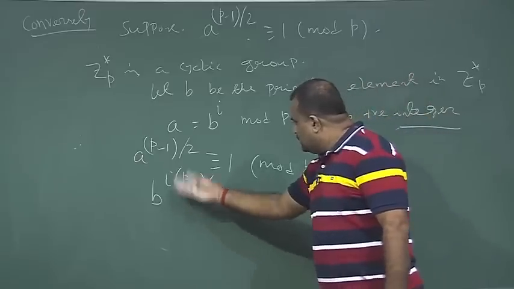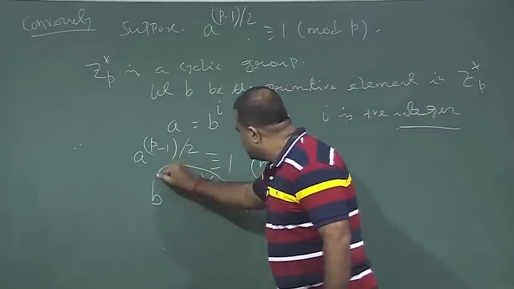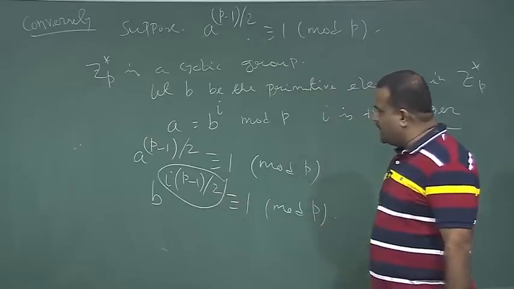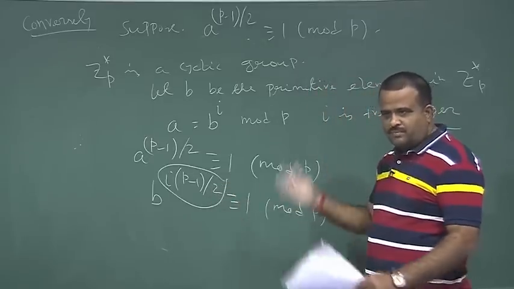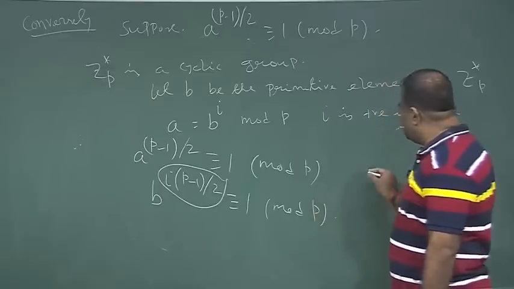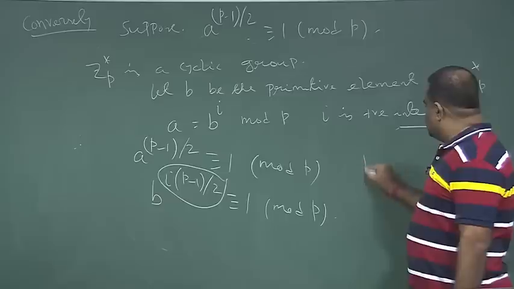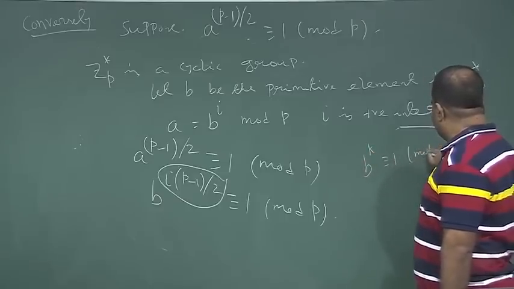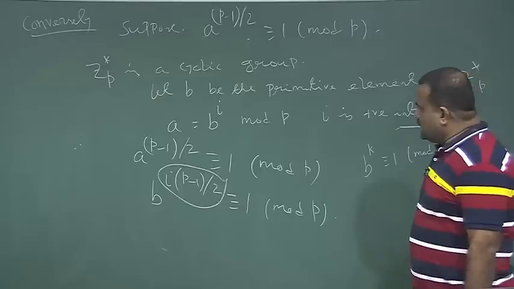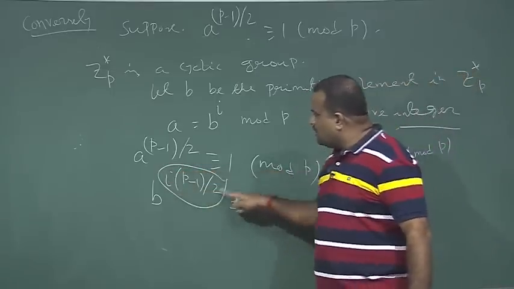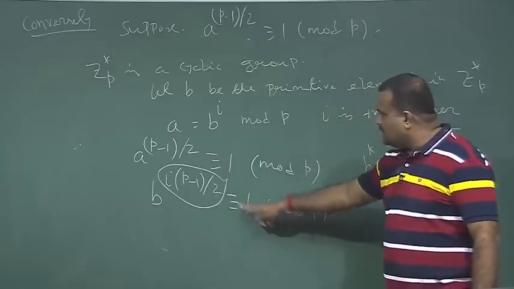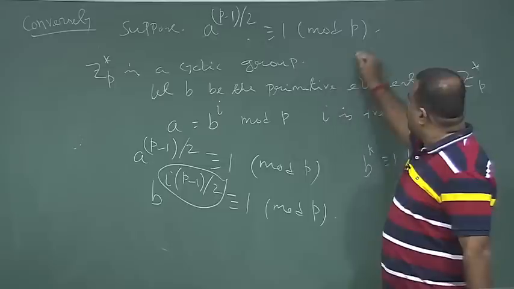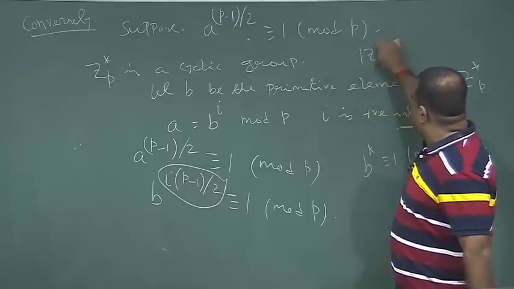So, this is the order of B. Order of B means the minimum integer k such that B to the power k is 1 mod P, the identity element basically. So, this whole quantity is giving us 1, and we know the order of ZP star is P minus 1.